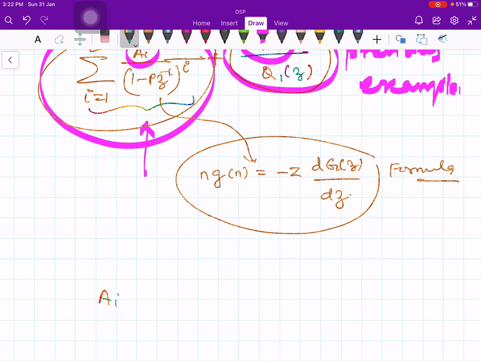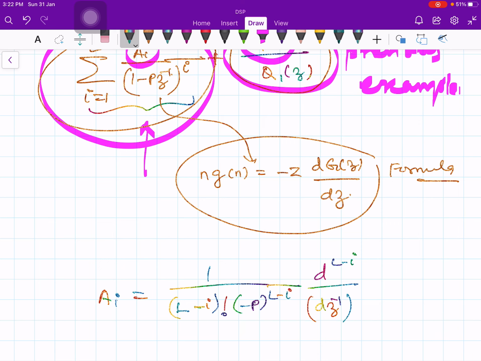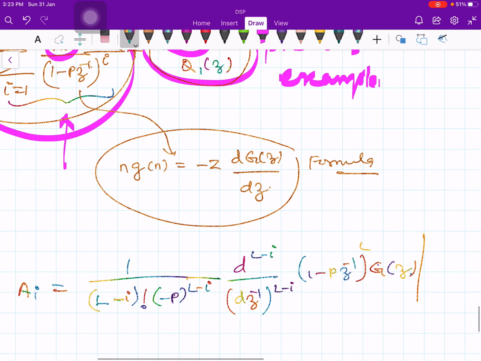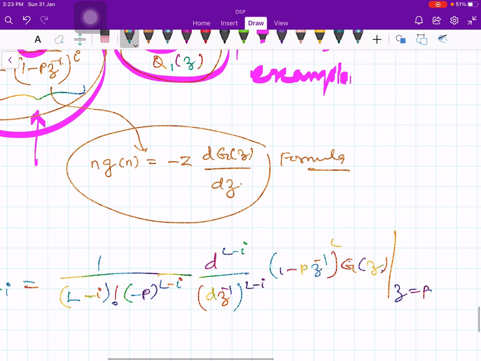So a_i is equal to 1 divided by (L minus i) factorial, times minus p to the power L minus i, times the (L minus i)th derivative of (1 minus p z inverse) to the L times g of z, evaluated at z equal to p.